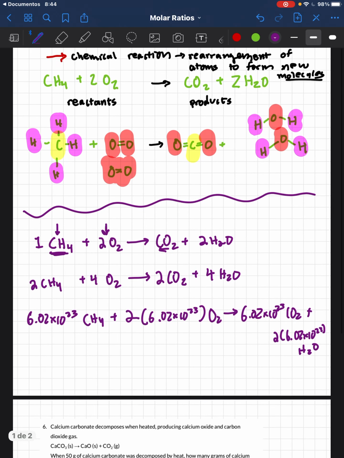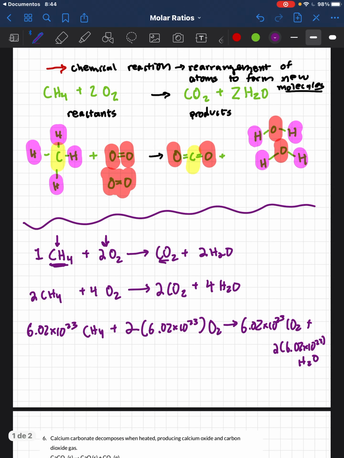Of course, writing out that number each time is a little silly, but I see that even once I scale up to moles, these coefficients are going to be the ratios of reactant molecules and product molecules that I need.